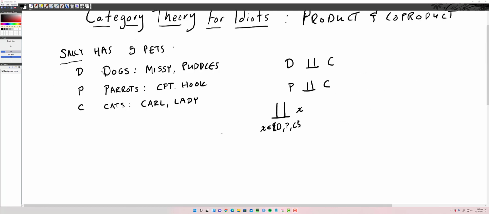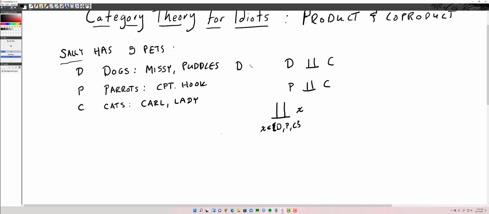Okay. So let's take a second now to get the gist of what the co-product is doing, and we're going to talk about this a little more abstractly. The idea of the co-product is that we're creating an object that is, quote unquote, the least specific object that every participating set admits a morphism to.